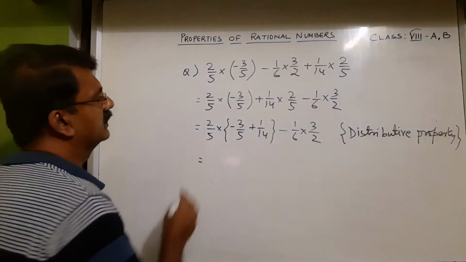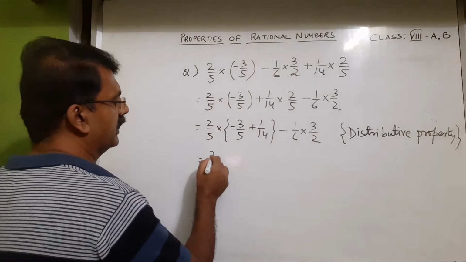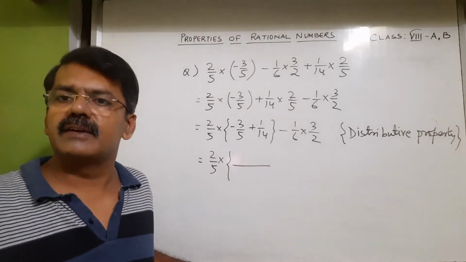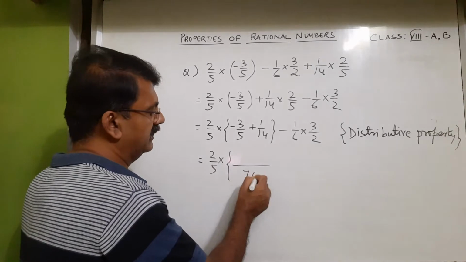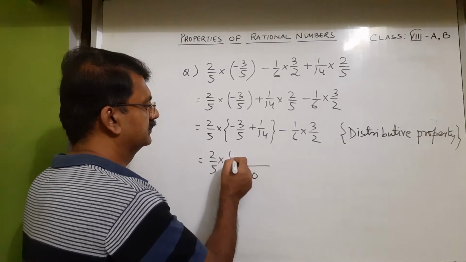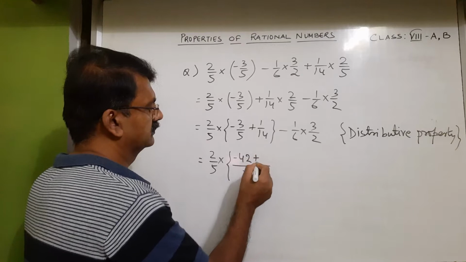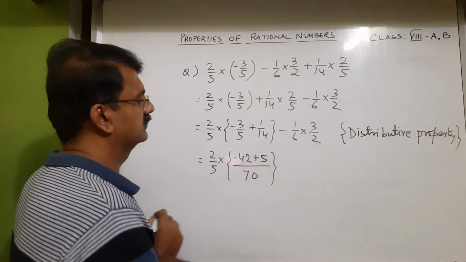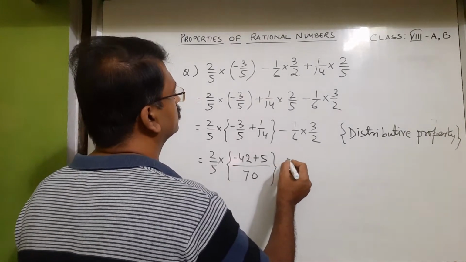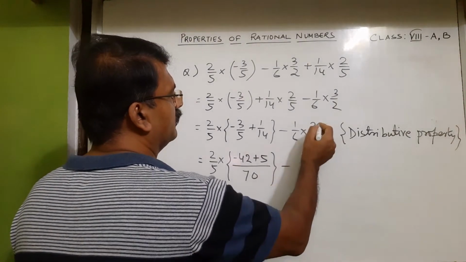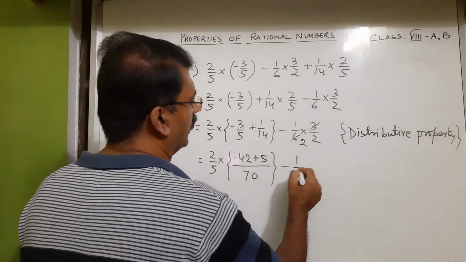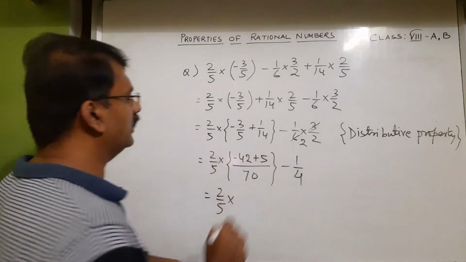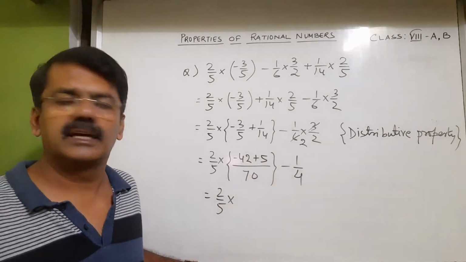Okay. Now 2 by 5, 14 and 5. The LCM will be 70. So you write 70 here, like this. If you cancel it like this, 1 upon 4, minus 42 plus 5, that is minus 37.